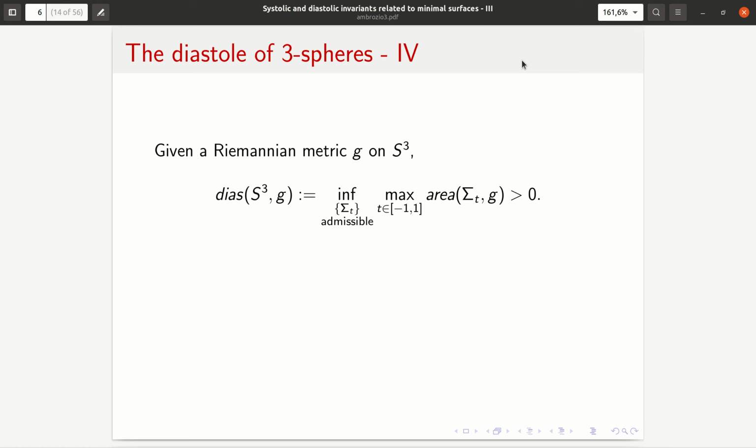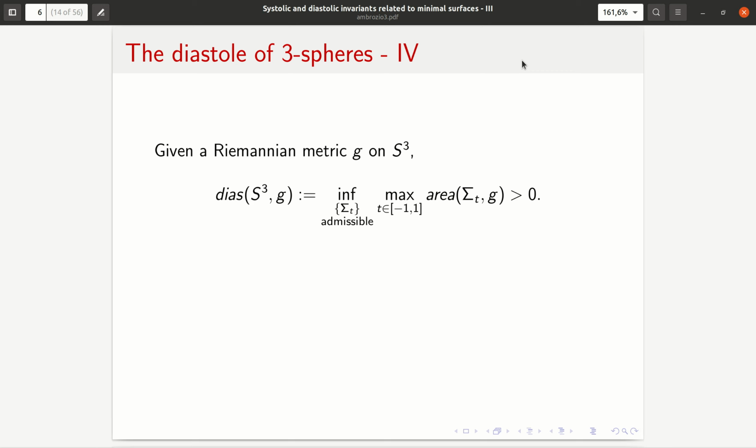So by construction, and that observation that I said about what lies below each one of those two spheres, we see that whatever admissible family we are looking at, there is at least one slice which divides S3 into two pieces of the same volume.